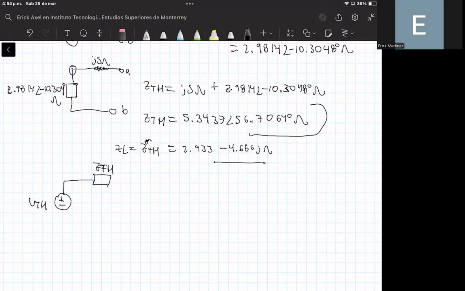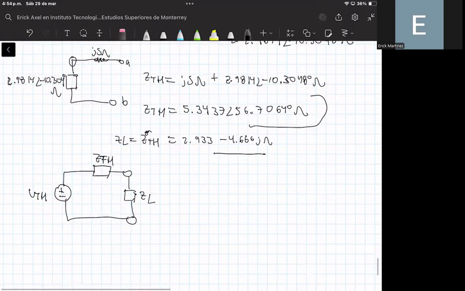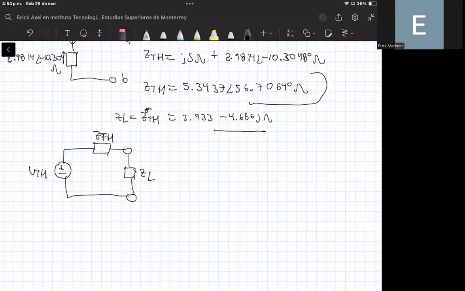Here we have the terminals of the circuit, and here we have the impedance Z sub L. So we can solve the circuit in order to compute the average power of these elements.